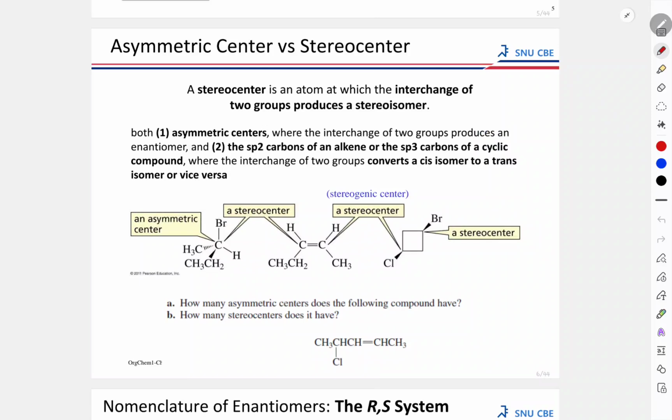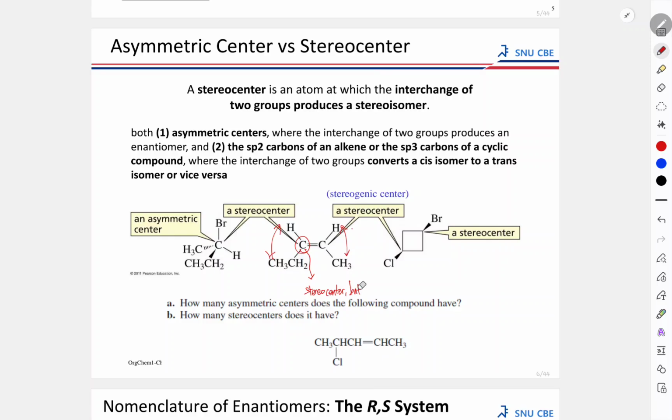And as we defined above, for this sp2 carbon, switching substituents, let's say these 2, hydrogen versus ethyl, will convert cis to trans, E to Z conversion. That's why this center can also be called a stereocenter. But this carbon is not an asymmetric center. So then you can say all asymmetric centers are stereogenic centers, but not vice versa.